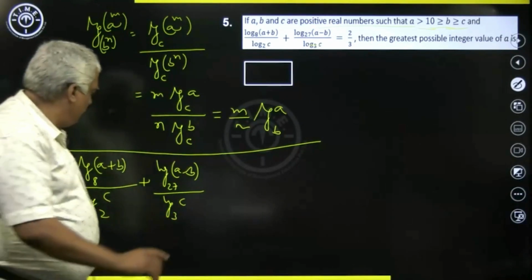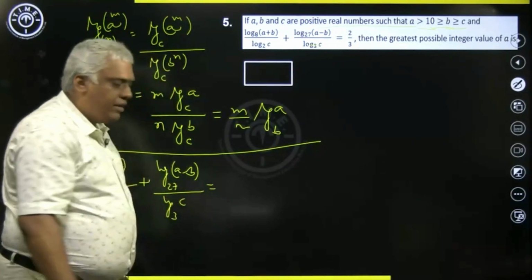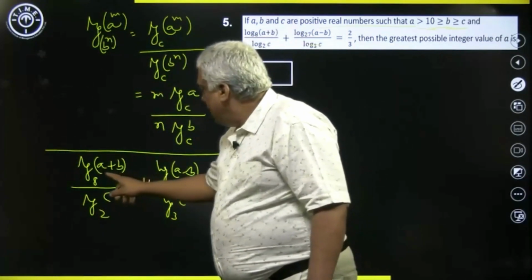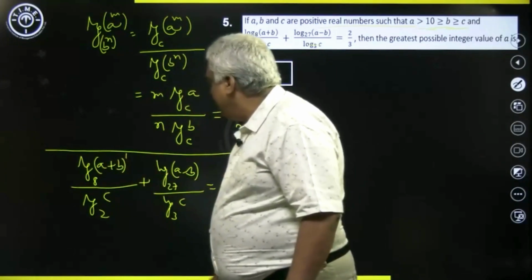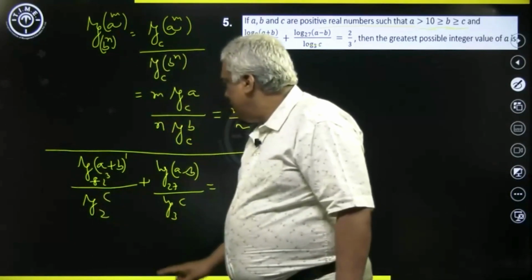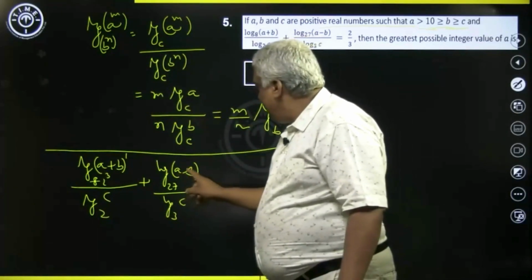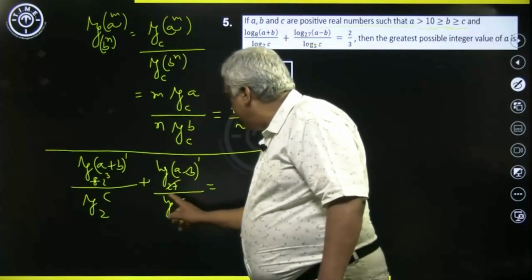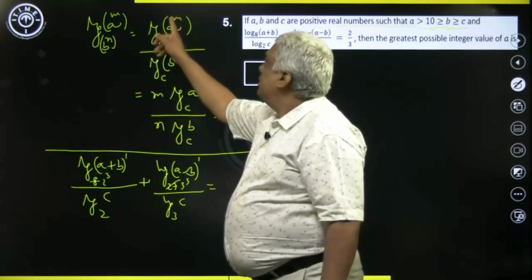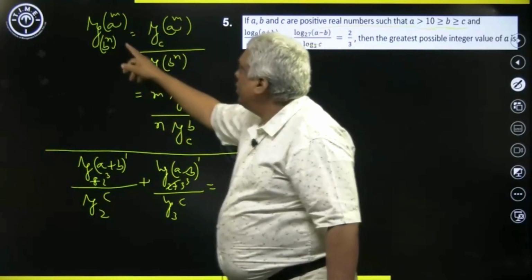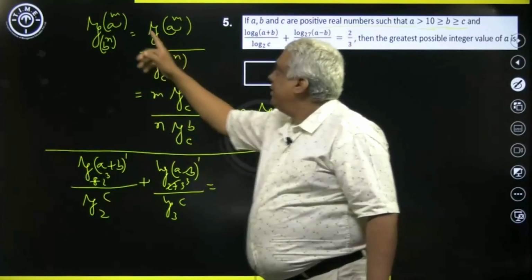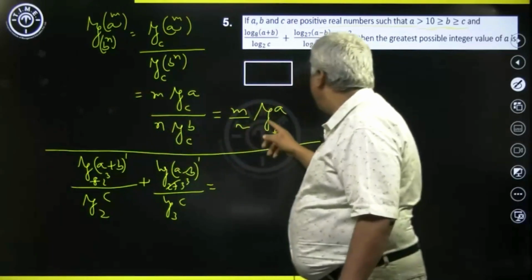We can write a plus b as a plus b to the power 1, and 8 as 2 to the power 3. Here also it is a minus b to the power 1, and 27 is 3 to the power 3. So by this formula, log of a to the power m to the base b to the power n is m by n log of a to the base b.